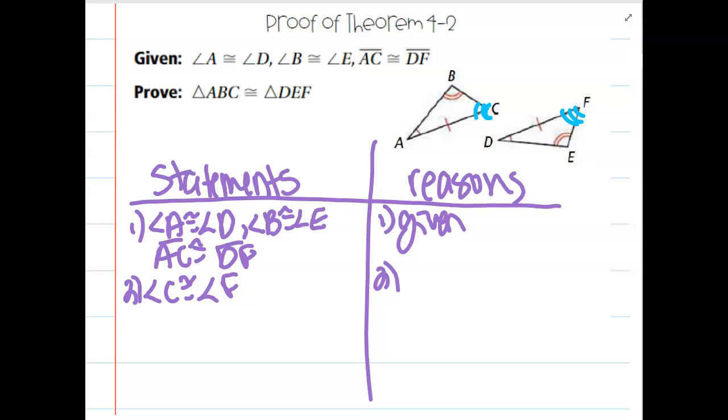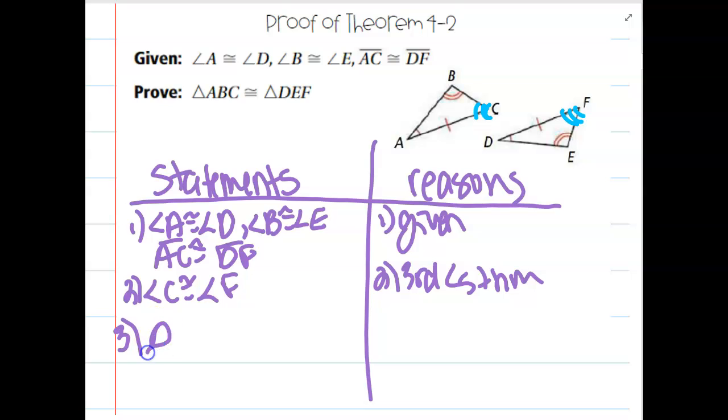How do you know angle C is congruent to angle F? The third angles theorem. Okay, well, guess what? In my statements, I have an angle, a side, and an angle. Postulate 4.3 says that's all that it takes.